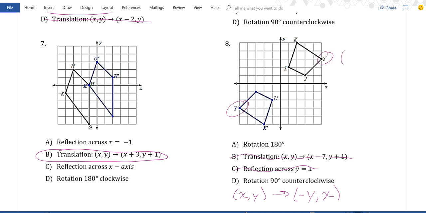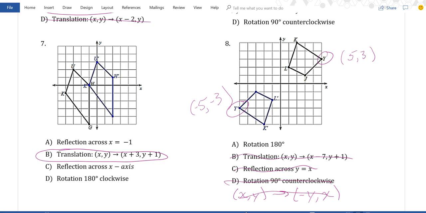Y is located at positive 5, positive 3. And Y prime is at negative 5, negative 3. The rule says we put the y coordinate first and switch the sign. That's not going to make a whole lot of sense there, right? So we can say that this one's definitely incorrect.